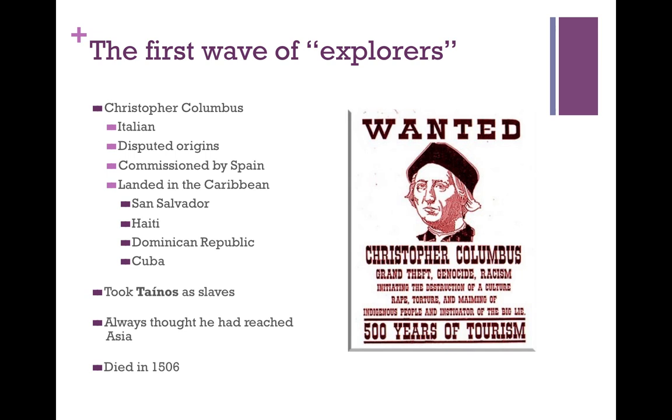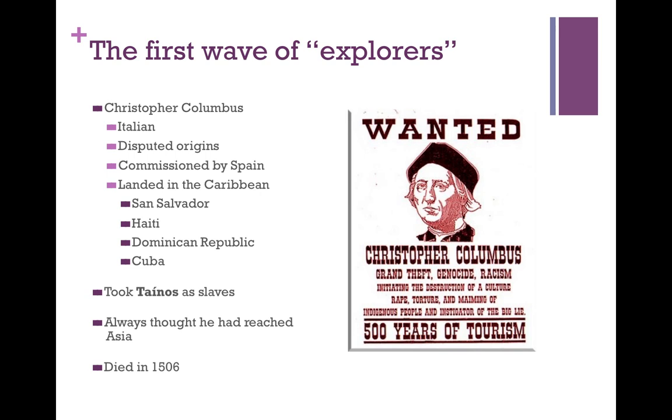He was given some money, some crew, and he was sent off to find a different route that would benefit the Spanish crown. So he landed, like I said, in the Caribbean, and he called it San Salvador, the savior island, then Haiti, the Dominican Republic, and Cuba.